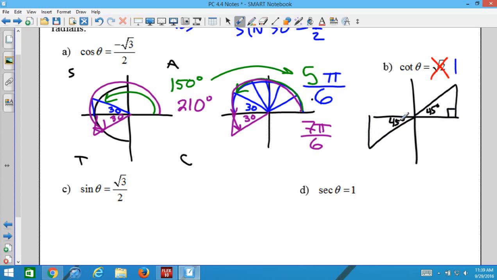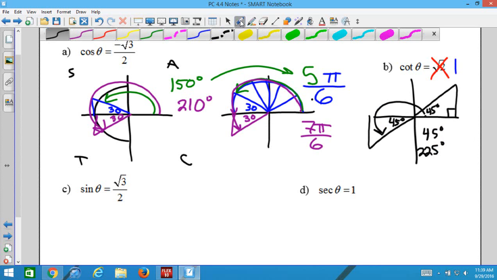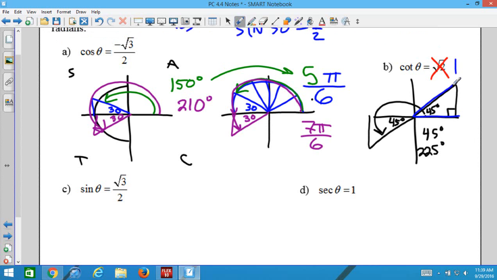If it's 45 degrees as one answer, the other answer is 225 degrees, right? And then for 45 degrees, we divide by 4s, and that's 1 pi over 4. And then all the way around here is 5 pi over 4. So we've got our 2 answers for that.